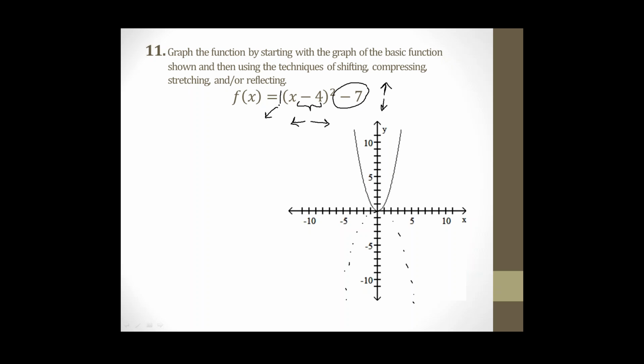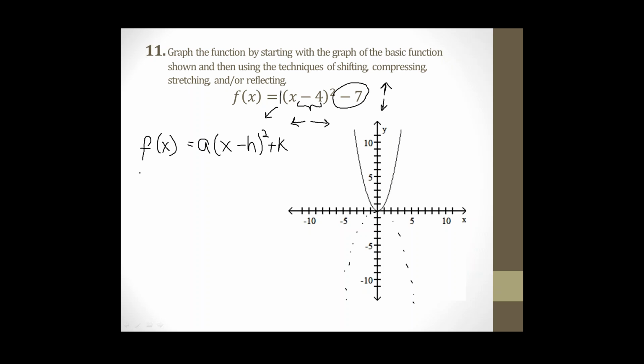Okay, so the basic equation of a parabola would be f(x) = a(x - h)² + k.